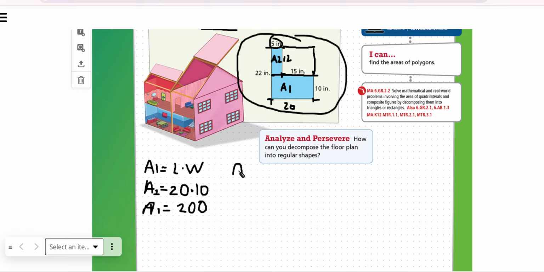So now rectangle 2 is equal to length times width. Don't forget to always write the formula. So rectangle 2 is equal to 12 times 5. Remember, the width is 5, that little 5 on the top.